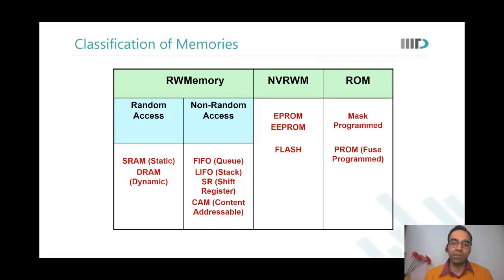Therefore, there is a system failure. A LIFO also has a read pointer and a write pointer, and the write pointer would be very close to the read pointer at all times, because you're talking about last in first out. In FIFO, the read pointer and write pointer can be far away, depending on the size of the FIFO.